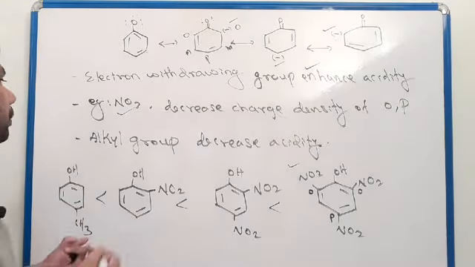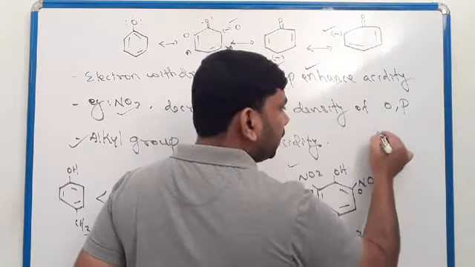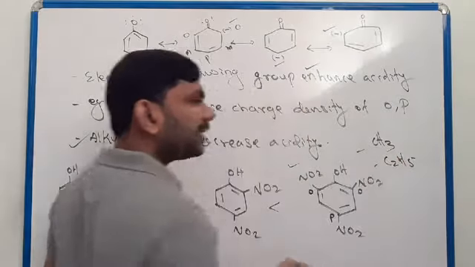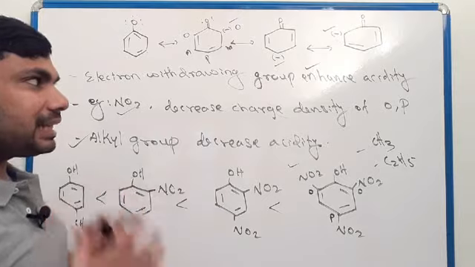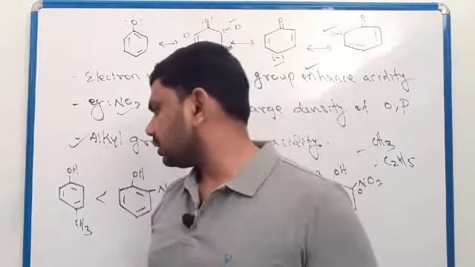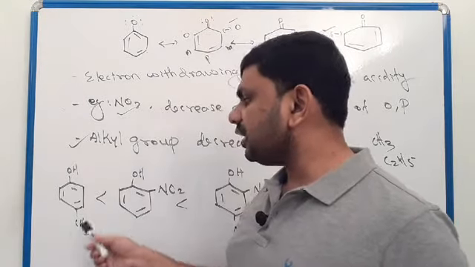Also you have to remember that alkyl groups such as CH3 or C2H5 are electron releasing groups, and they decrease acidity. Look here, in phenol with CH3 at the para position, it will be a weak acid.